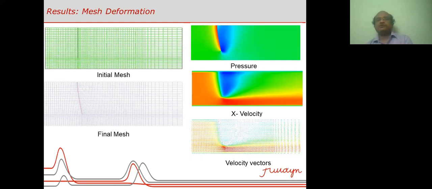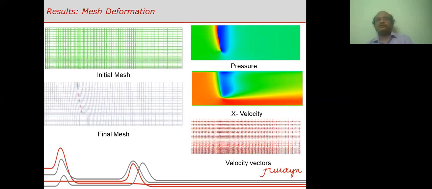You can also see the pressure variations and velocity vector variations. We can see that fluid is accelerating below the structure because the area available is less. And on the mesh, once it reaches steady state, you can see that it is also deformed.